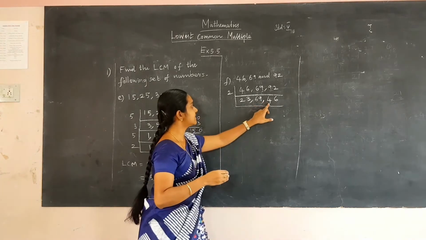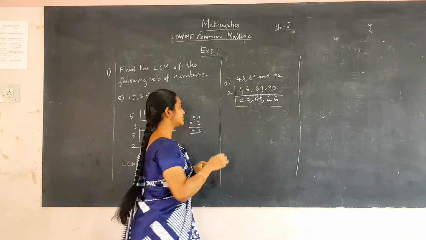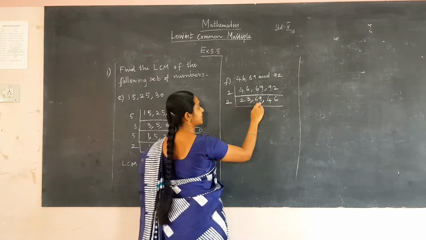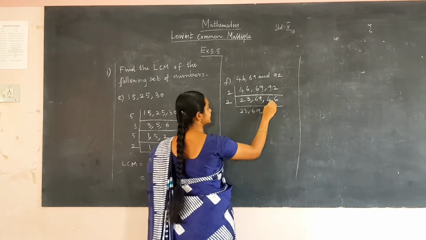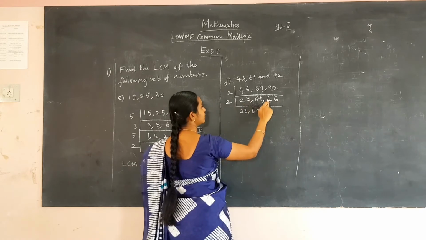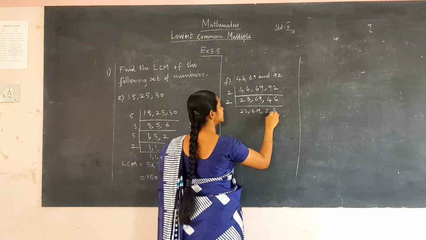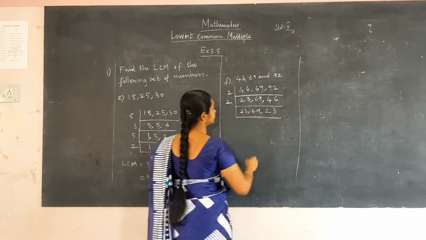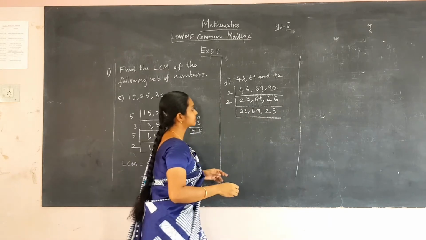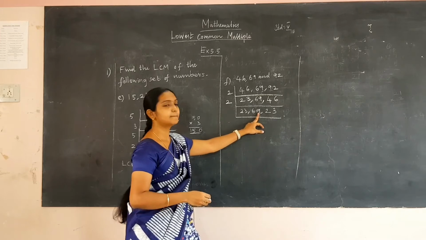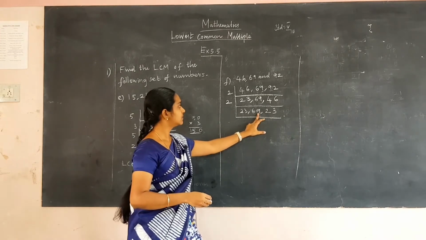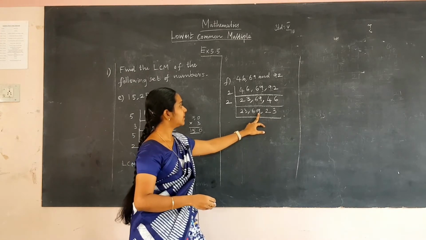Now divide the numbers again with 2. These two numbers are not divisible by 2, so keep those numbers as they are. 2 into 2 is 4. 3 into 2 is 6. 69 is a multiple of 3.